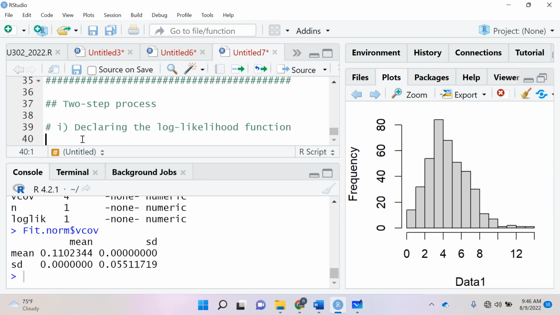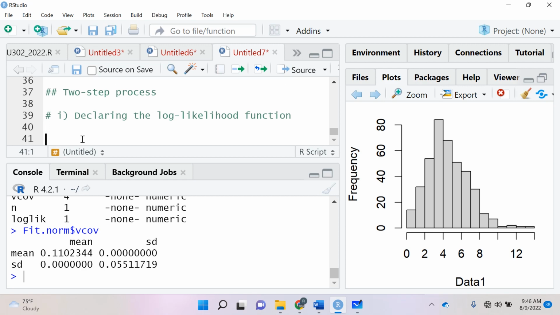So to do this, we will need a likelihood function. Then we optimize this function in relation to the data set at hand. How do we do this? First, we need a function. I'm just going to give you a generic function that you can follow for this.